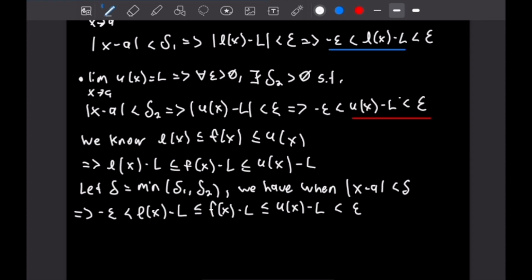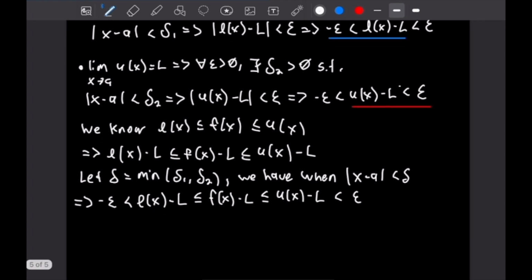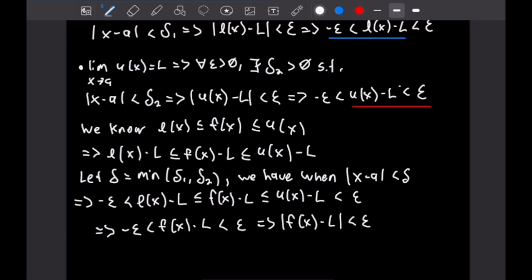But now we can squeeze our epsilons around our f of x to get the following inequality. We have negative epsilon is less than f of x minus L, which is less than epsilon. But using the definition of the absolute value, we can write that as the absolute value of f of x minus L is strictly less than epsilon.